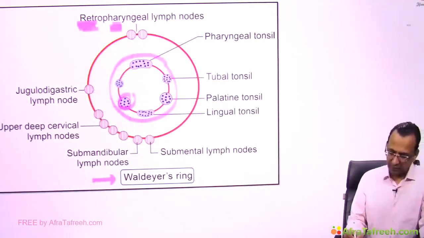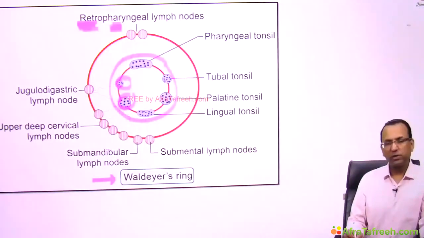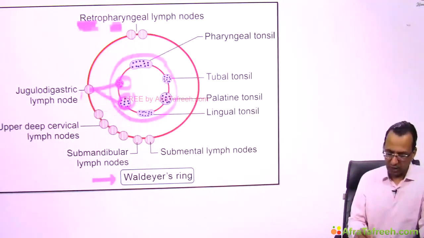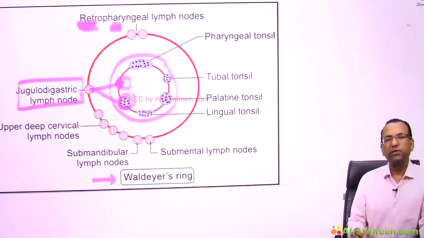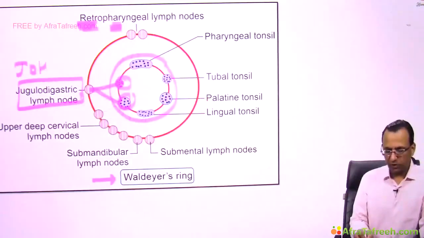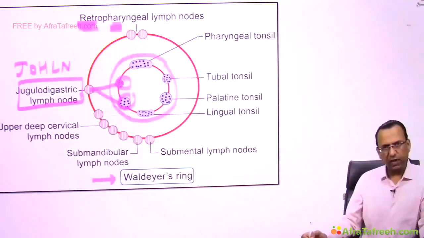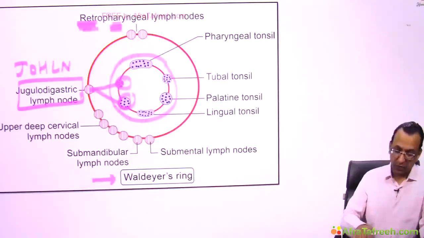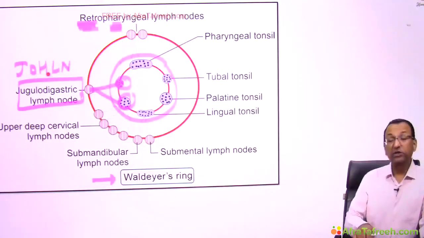Maybe the palatine tonsil or lingual, this tubal tonsil, they drain into the upper deep cervical lymph node, the jugulo-omohyoid lymph node, where the tongue was draining. Actually lower. If it is upper, which is actually the tonsil proper.